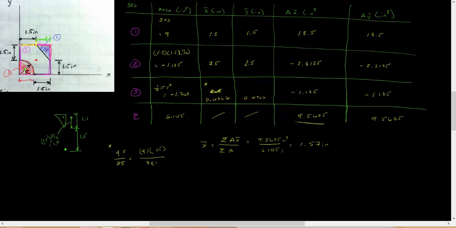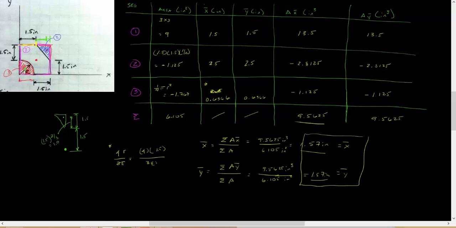Inches cubed divided by inches squared, I get inches. And y bar is the same, except we're using A y bar divided by the area. The area is the same. And in this case, my A y bar is also the same as my A x bar. Inches cubed over inches squared, I get 1.57 inches. So I get my x bar and my y bar.